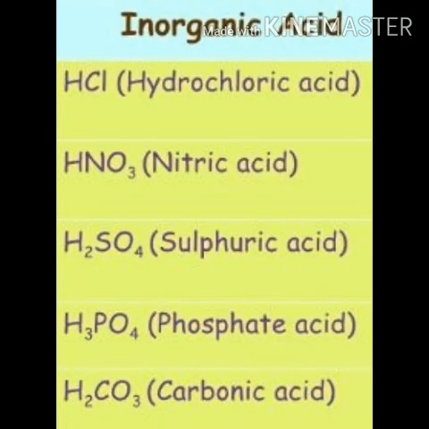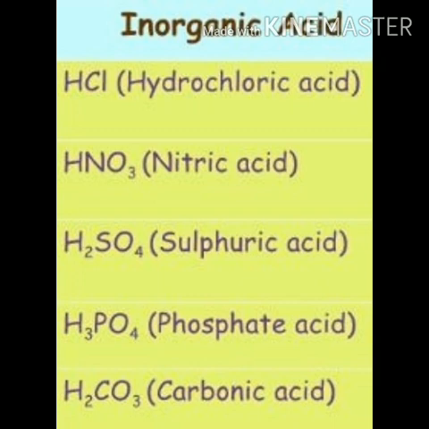Next is inorganic acids. Inorganic acids are those which we get from inorganic sources. So they are not found in naturally occurring substances. Here you can see hydrochloric acid HCl, nitric acid HNO3, sulfuric acid H2SO4, phosphoric acid H3PO4 and carbonic acid H2CO3.